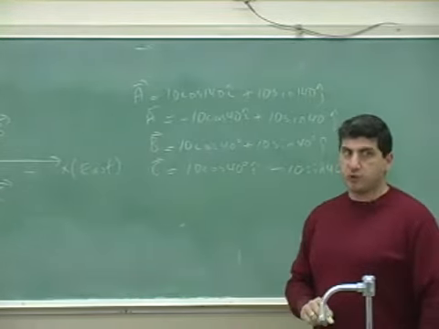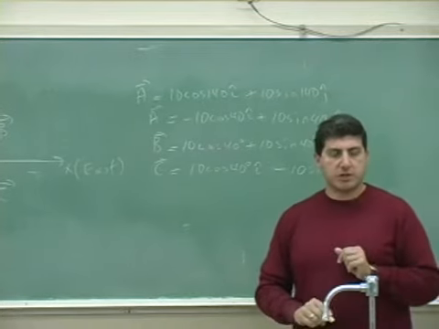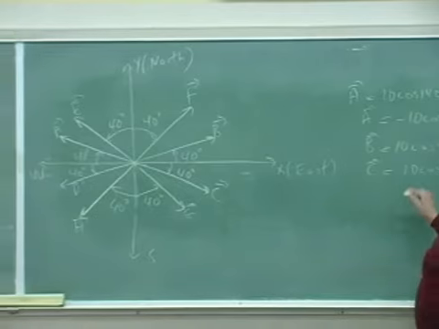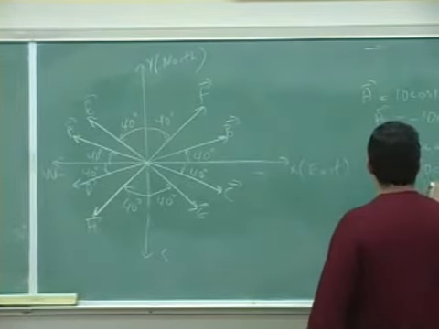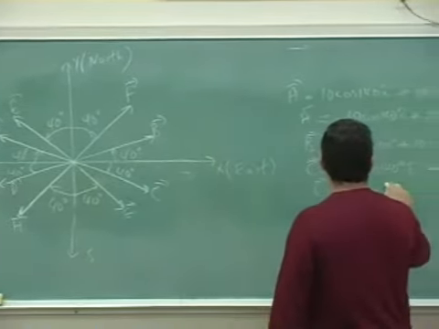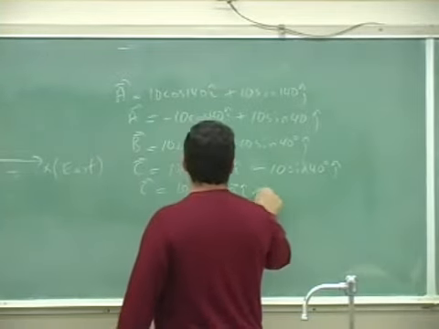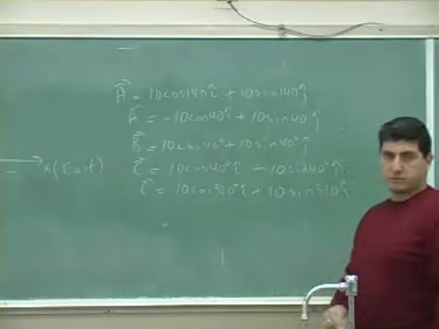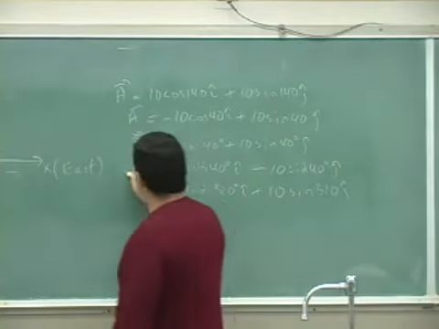Or the other way would be to find its true angle, which is what? 320, right? And then if you do the true angle, then you could just simply do 10 cosine of 320 plus 10 sine of 320. So either of these two.